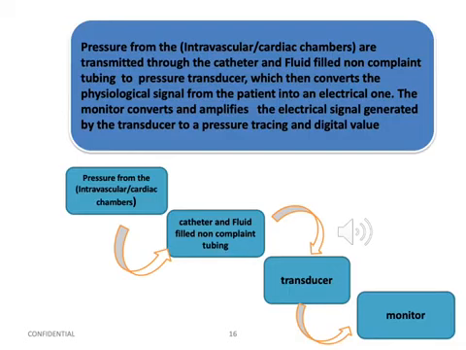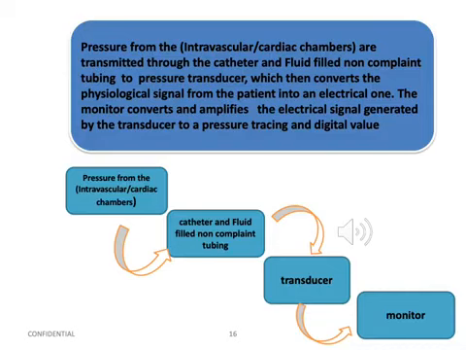Now, if I ask how we record or get a reading of the intravascular pressure: as you see here in this figure, we usually insert a catheter, either an arterial line catheter or a CVP line catheter, into the artery or vein, and if we have a pulmonary catheter it is usually in the heart chambers. The pressure from the intravascular space or cardiac chamber is transmitted through the catheter and the fluid-filled non-compliant tube to the pressure transducer.